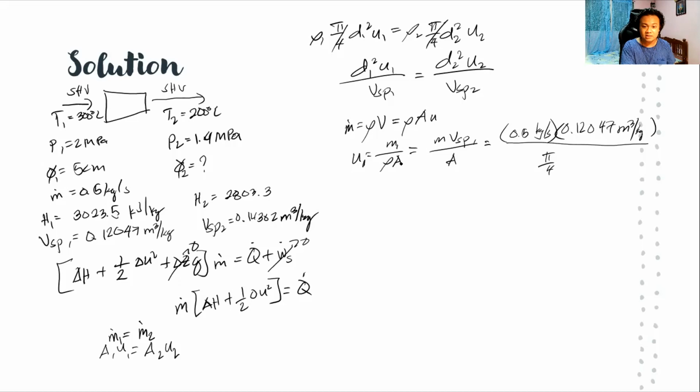So everything here is 1. It's at the first state. Yeah? So this is the 5 centimeters just converted to meters, 0.05 meter, and then we will get the velocity to be 31.95 meters per second.